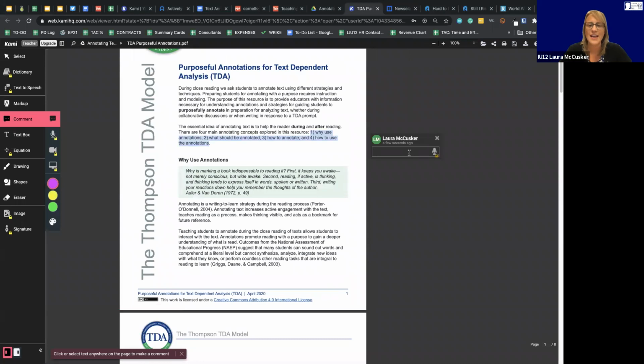And then I could even add that second layer of thinking about it in the metacognition and say, these are reasons to annotate, right? And what Google Drive and Kami will do is it will save a version of this for me in my drive personally that's annotated.